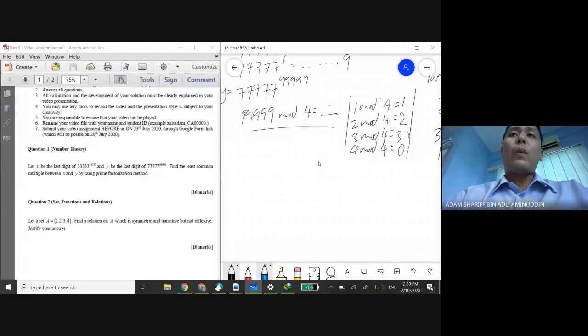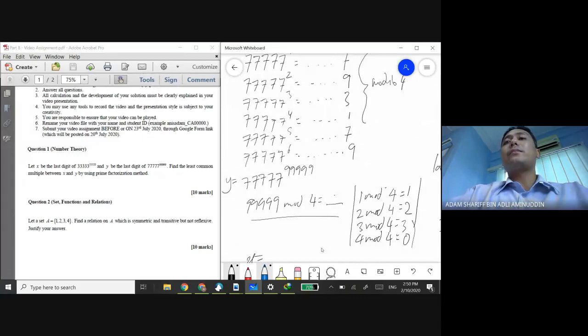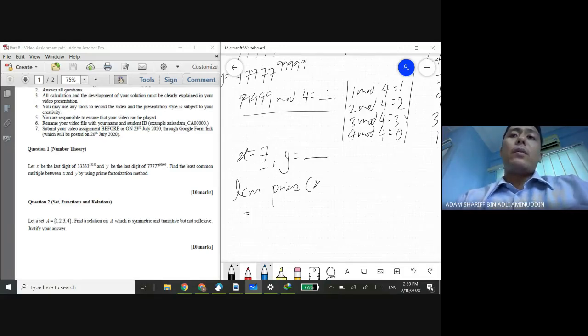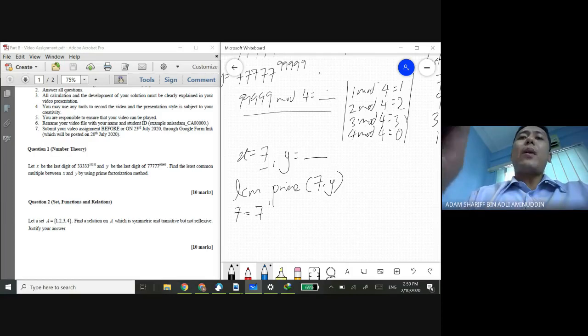So I assume when you already get x equals 7, y equals something here, I don't want to tell you because you find it on your own. For the least common multiple by using prime factorization, you need to factorize y into primes. Between 7 and y, 7 equals 7 to the power of 1.